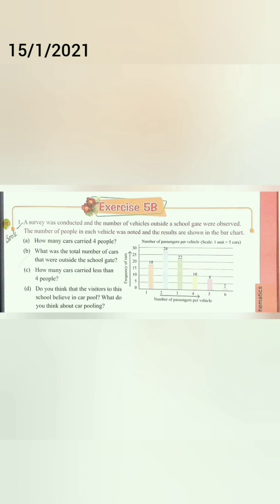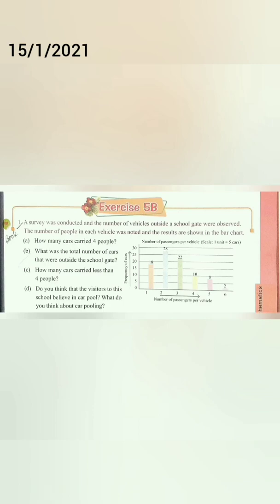The number of people in each vehicle was noted and the results are shown in the bar graph. Now we will read the bar graph and answer the following questions using the provided information.